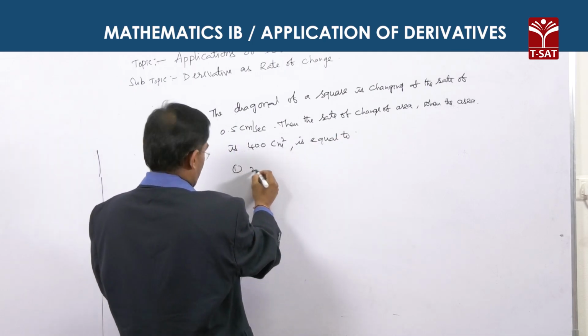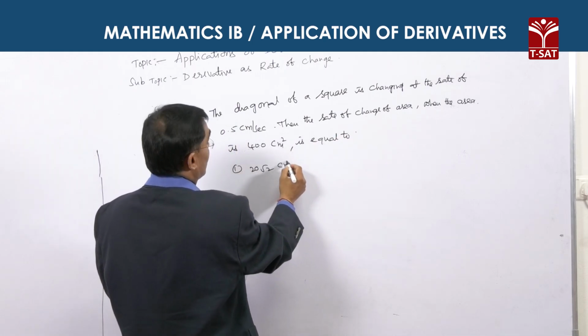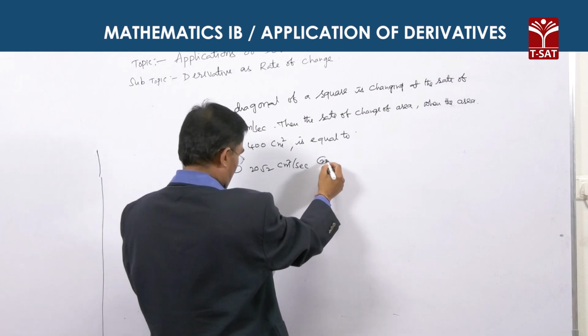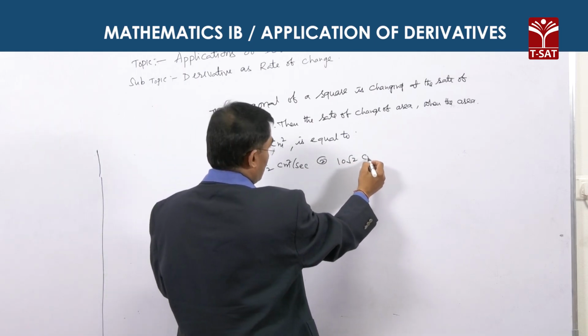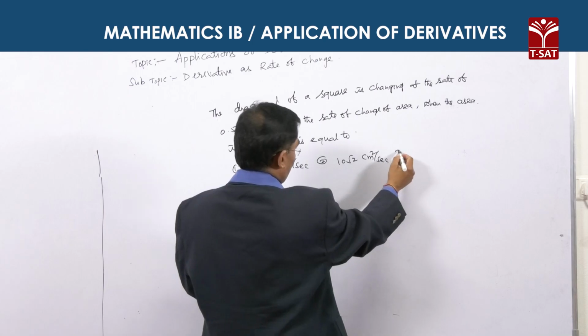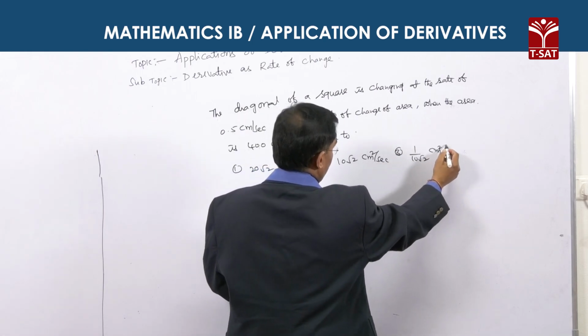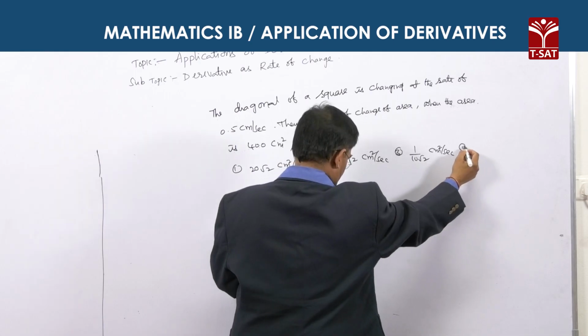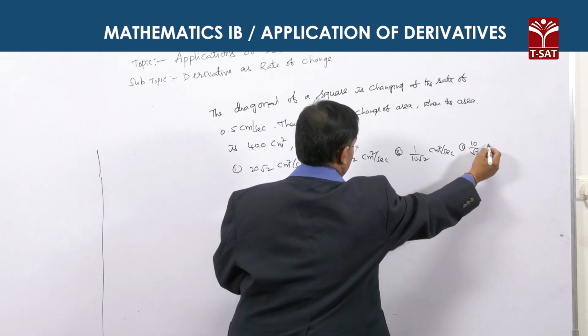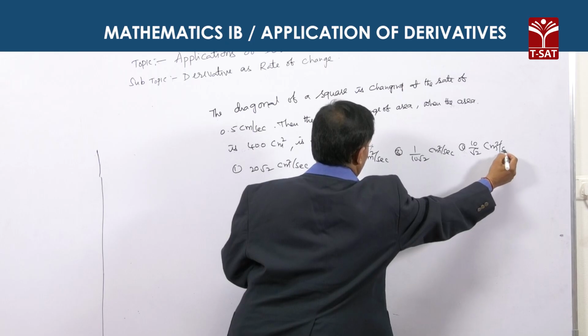First answer is 20 root 2 centimeter square per second. The second answer is 10 root 2 centimeter square per second. Third answer is 1 by 10 root 2 centimeter square per second. The fourth answer is 10 by root 2 centimeter square per second.